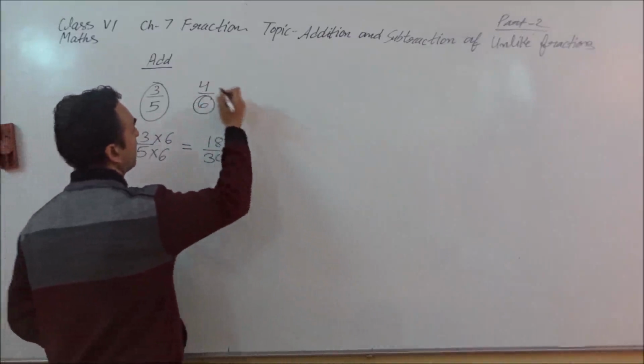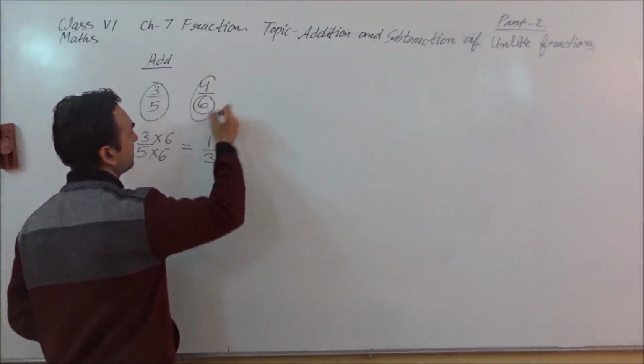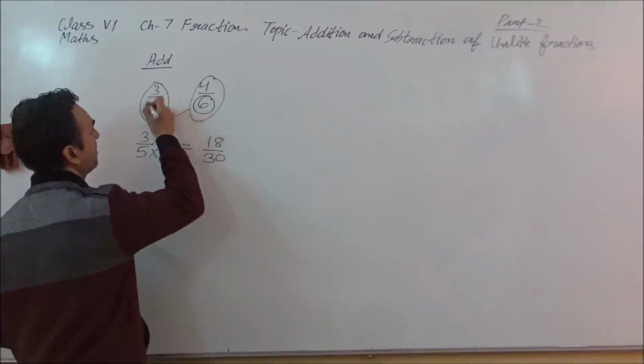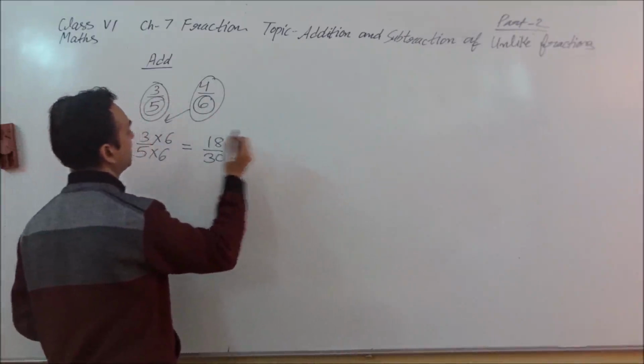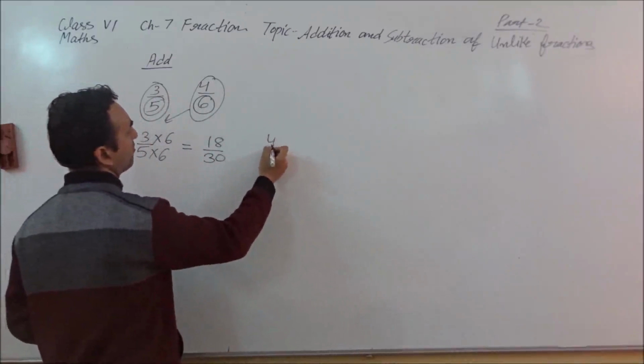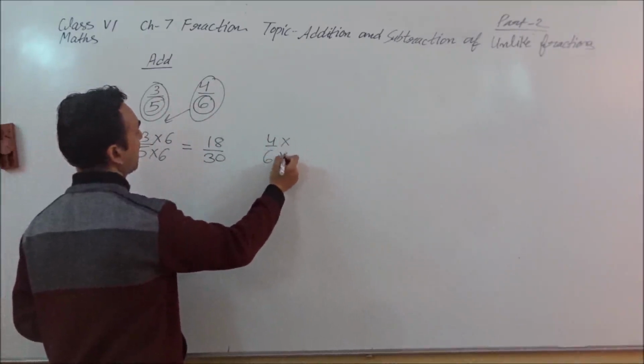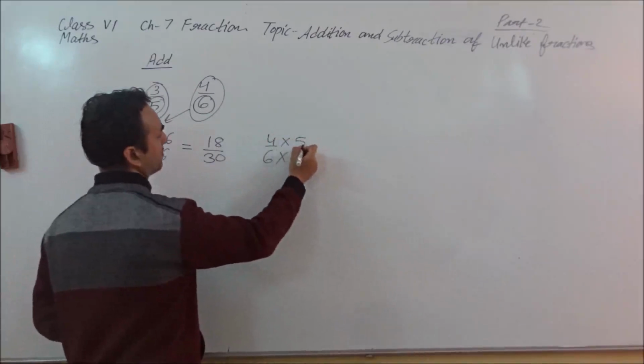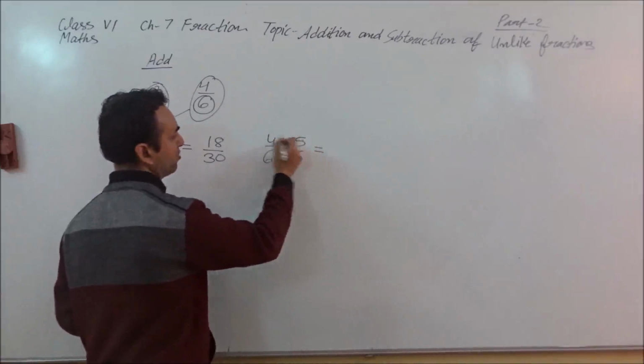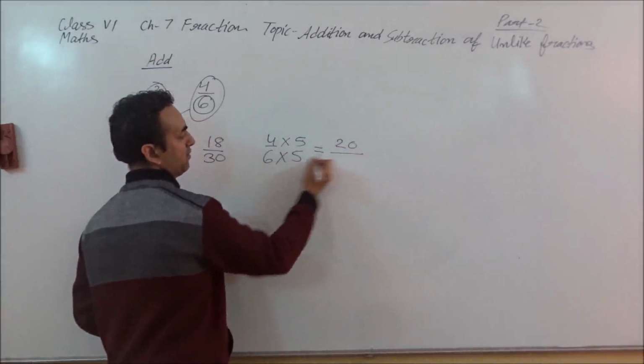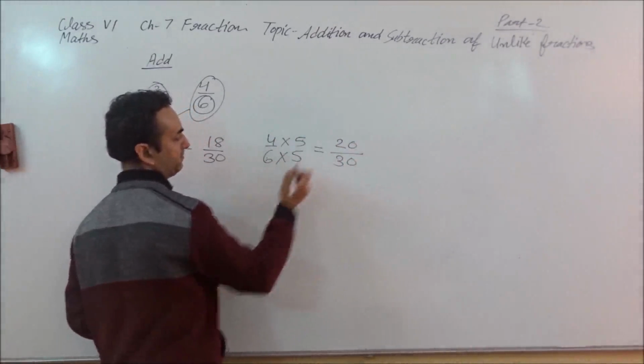Now we will take the second fraction and multiply it by the denominator of the first fraction. So what do you get? 4 upon 6 multiplied by 5. 5 4s are 20. 6 5s are 30.